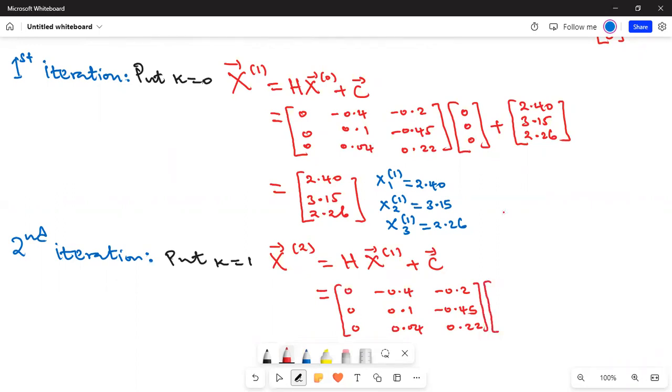X at level 1: 2.40, 3.15, 2.26, plus our c: 2.40, 3.15, 2.26.